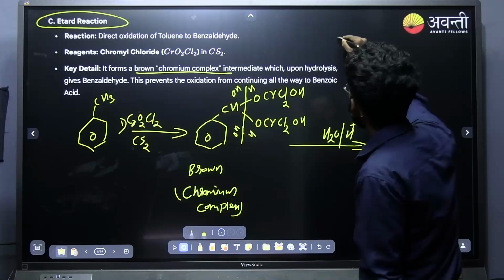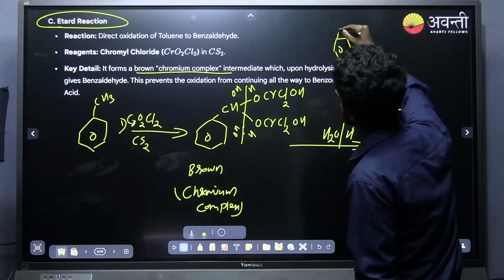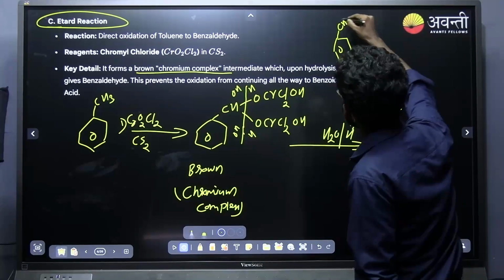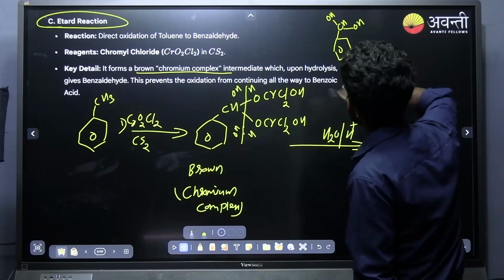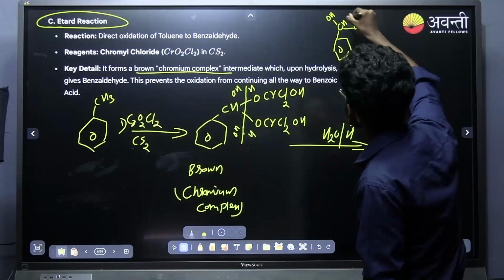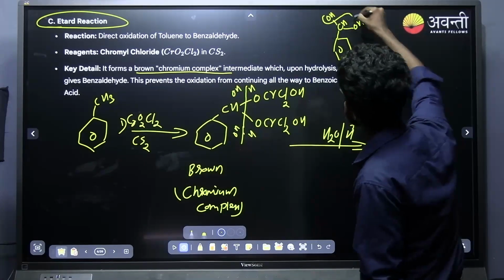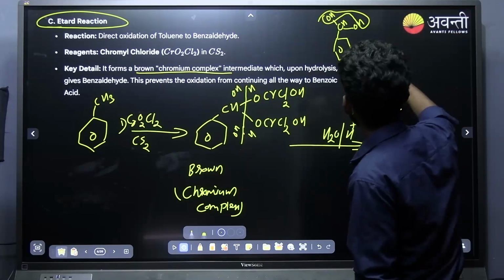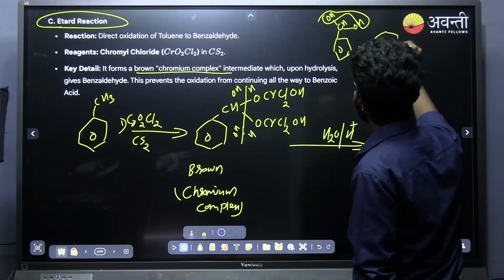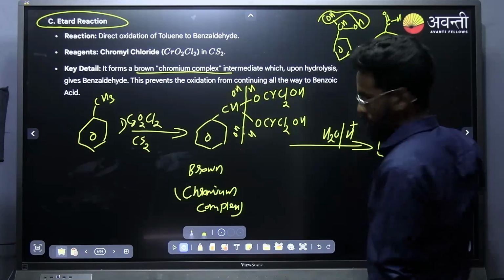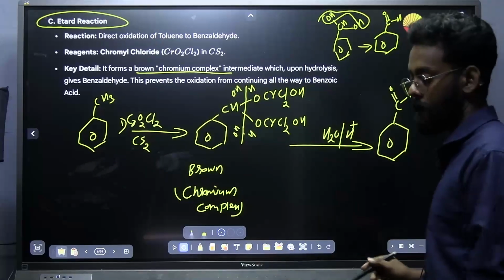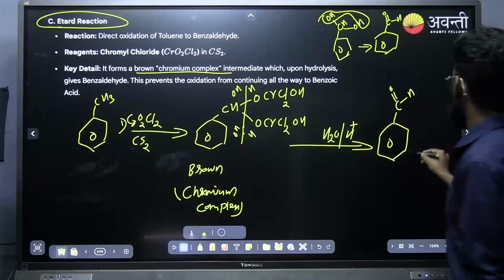This is the CH with OH and OH. Here you can see, if two OH groups are attached on a single carbon, there will be elimination of water, which results in the formation of either ketone or aldehyde. That is the point we should note down. Shall I move? And what is another product we are getting?